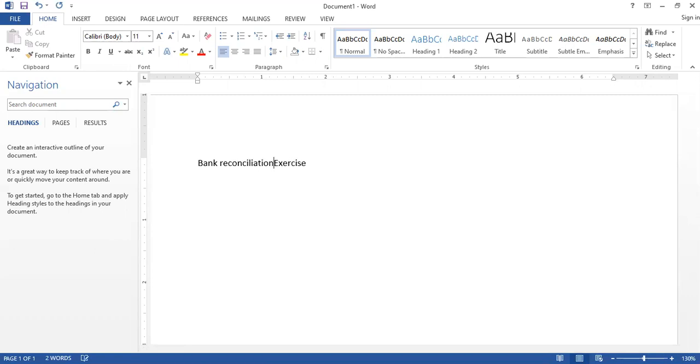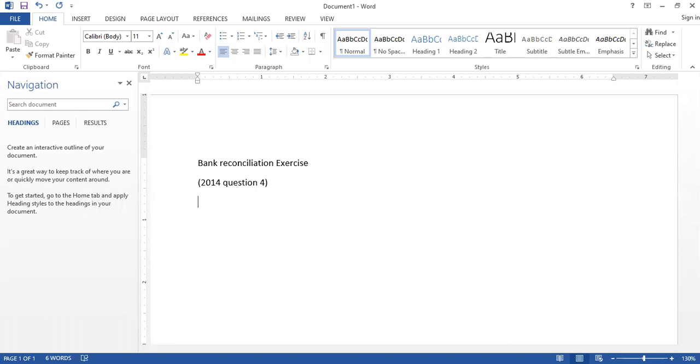So the bank reconciliation exercise from the 2014 question paper, Question 4. The question paper says you are given a cash book and a bank statement, and you are required to adjust the cash book to take the above information into account.